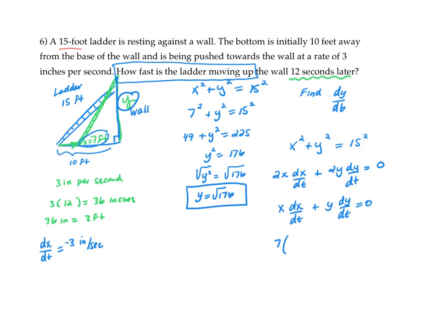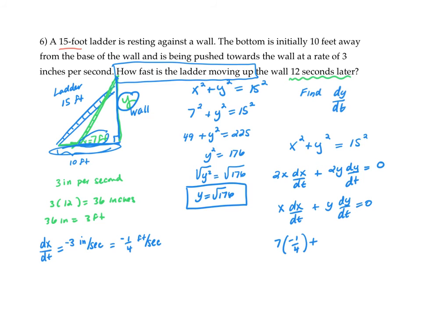But we want to have the same unit of measure, so 3 inches is equal to 1/4 of a foot. So that distance, the length of this side of our triangle, that's our x value, that's changing by a rate of negative 1/4 of a foot per second, okay? So we had to make our units match. It's got to be negative because that distance is shrinking.